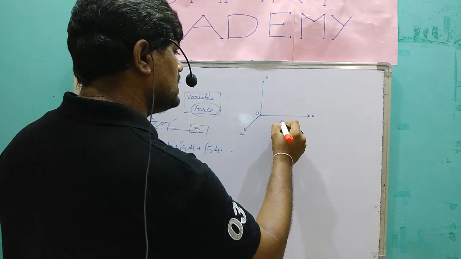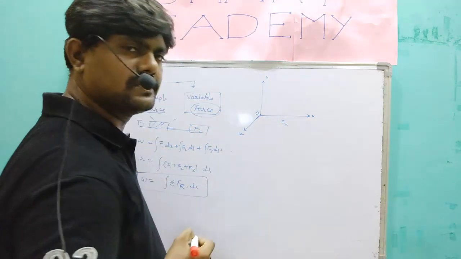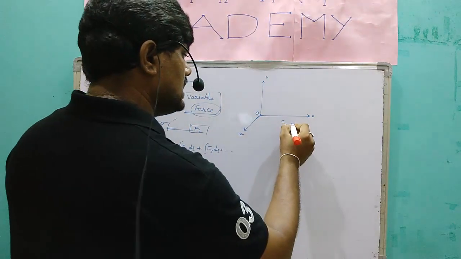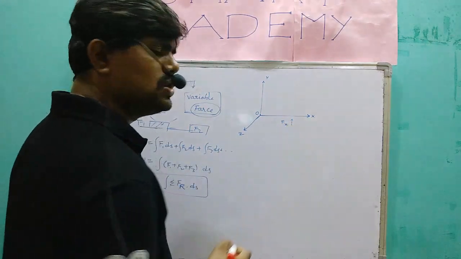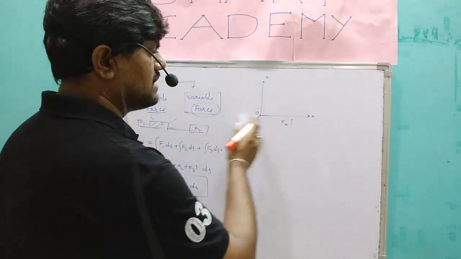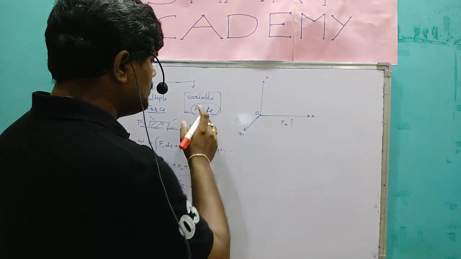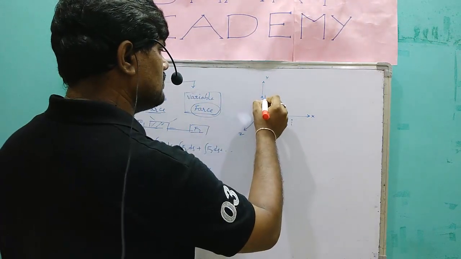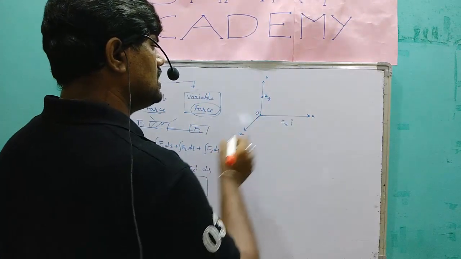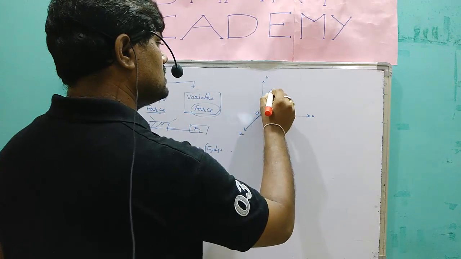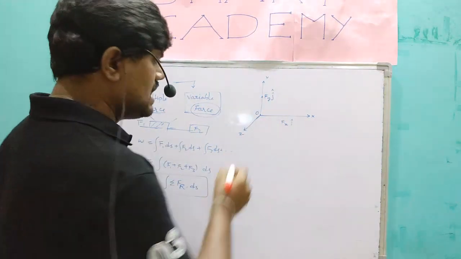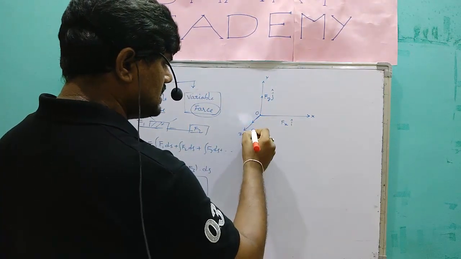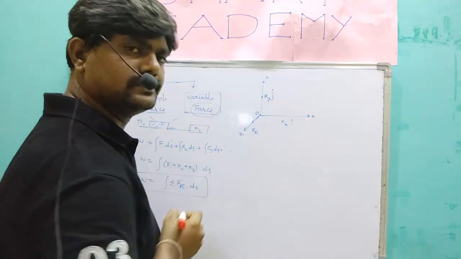This force vector, if acting along the x direction, let the force value be Fx, into i cap, the unit vector along the x direction. Same, this force vector along the y direction is Fy. The unit vector along the y direction, let it be j cap, and the force along the z direction is Fz.